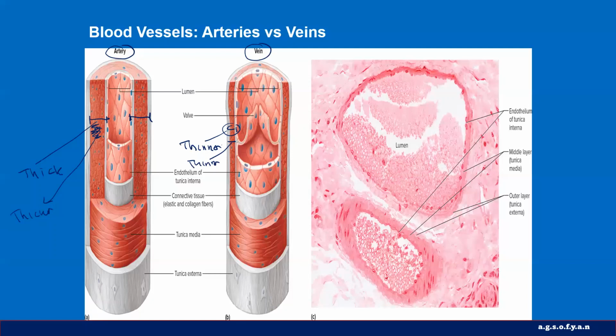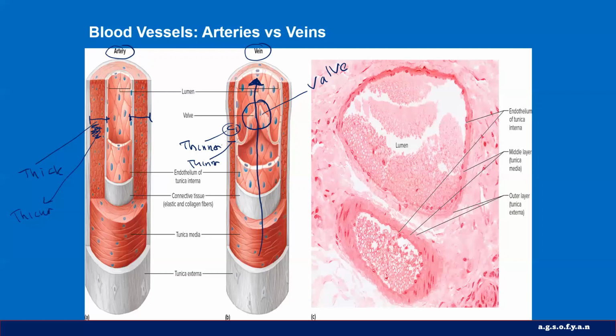Second, you see this structure in the vein, and it is not present in the artery. This structure is called the valve, like a door that makes the blood go only one way, which is this way, which is returned to the heart. Remember, the function of the vein is returning the blood to the heart.